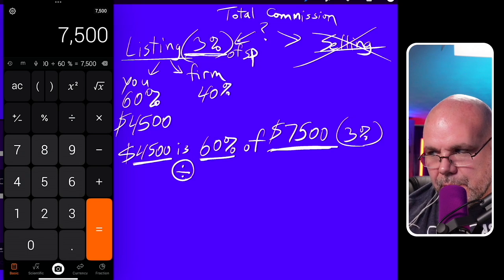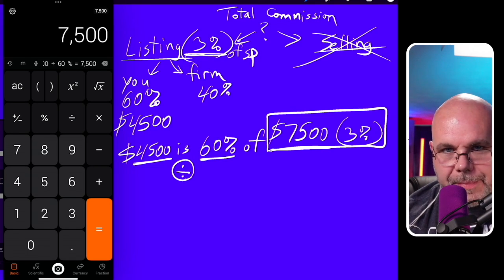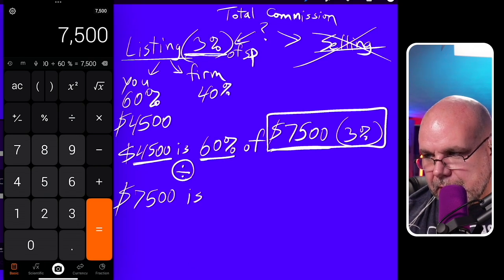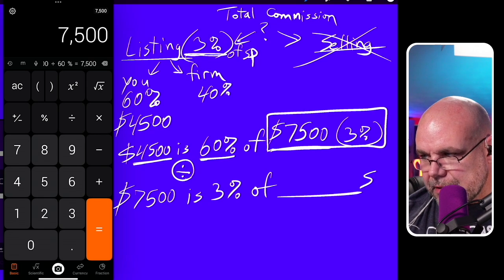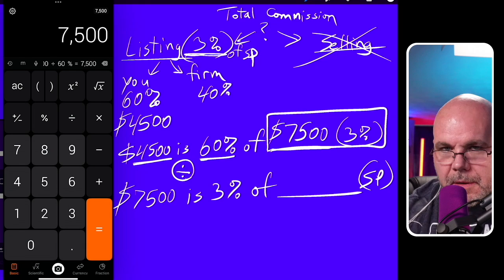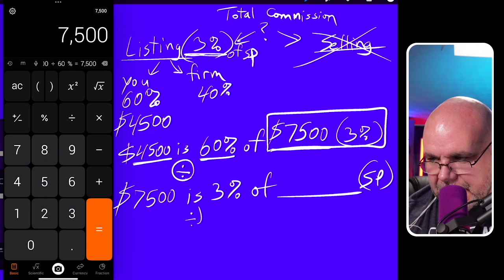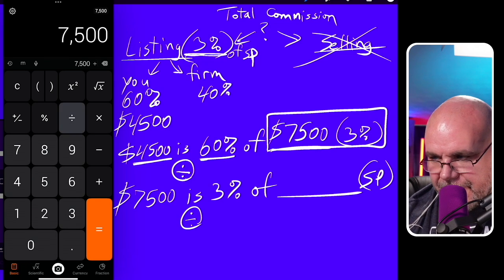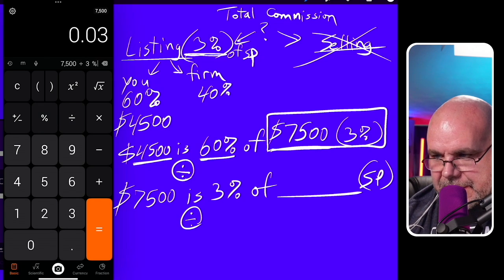Now that we know how much the total of 3% is that went to you and your firm combined, let's keep on expanding that into a sales price, because what do we also know? We know that $7,500 is 3% of what sales price? Replace the "is" with a division sign. There's our 7,500 already in the calculator, divided by the 3 and the percent sign.